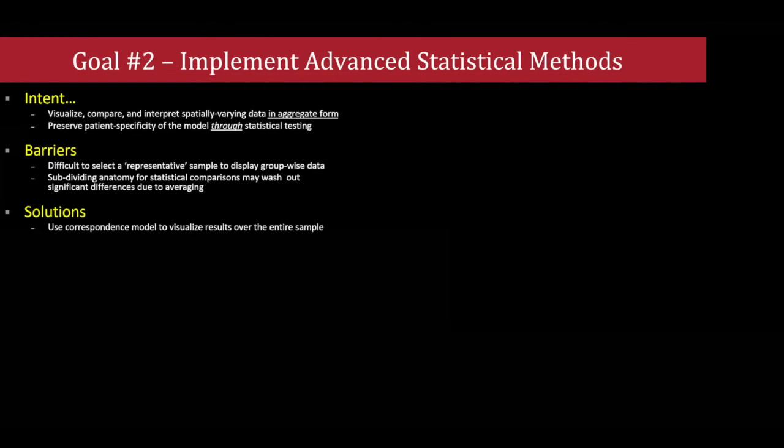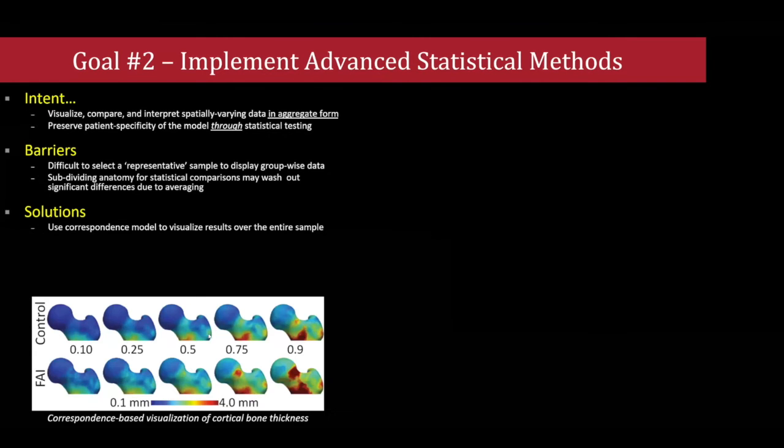So our proposed solution really is to use the correspondence model to visualize results over the entire sample. What I mean by that is here we're plotting percentiles. So 0.1 means the 10th percentile up to the 90th percentile of the thickness of cortical bone that's mapped onto a single anatomy.